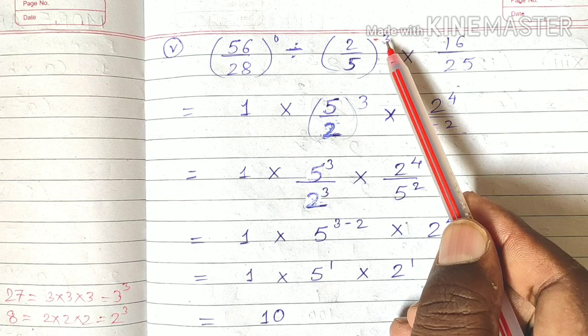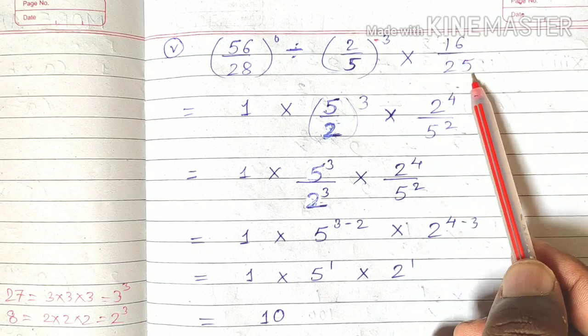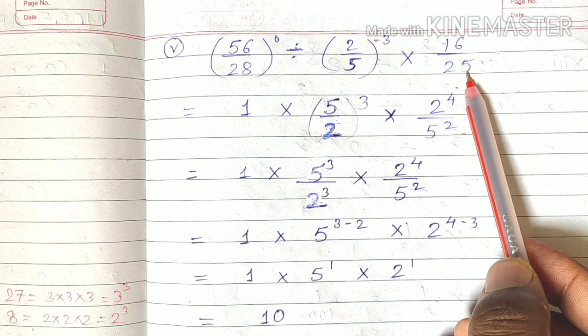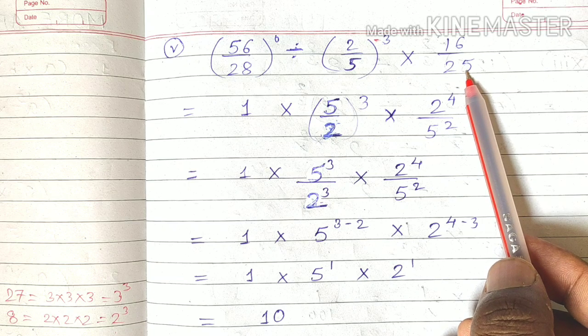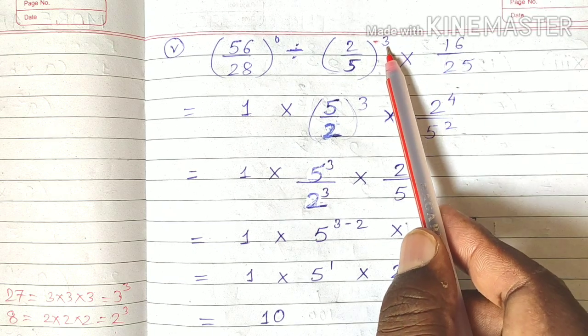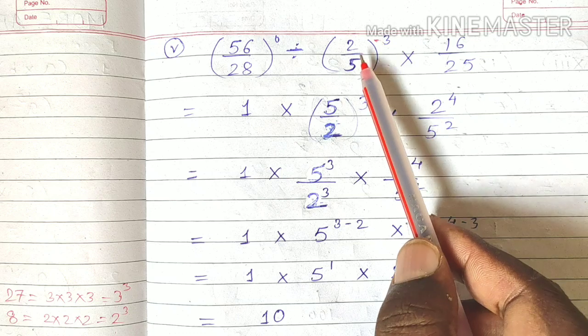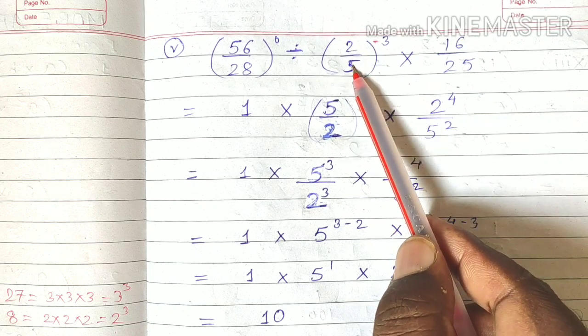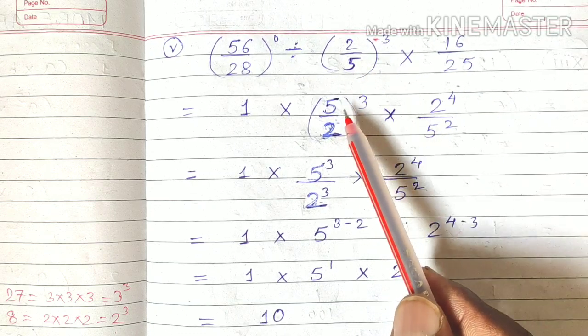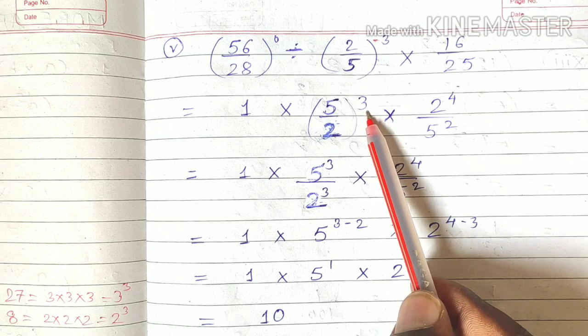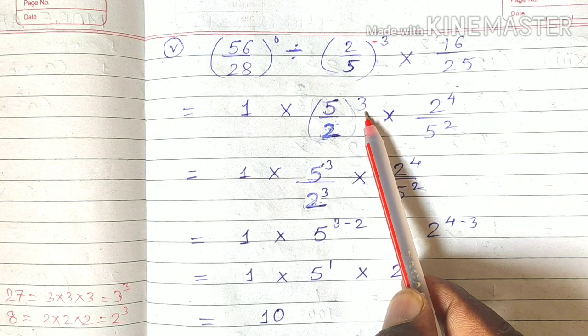So 2 upon 5 raised to minus 3 multiplied by 16 upon 25. Okay, so see what we have done. If the negative power is there, we made it positive by taking the reciprocal of 2 upon 5. So the reciprocal of 2 upon 5 will be 5 upon 2 and the power becomes positive.